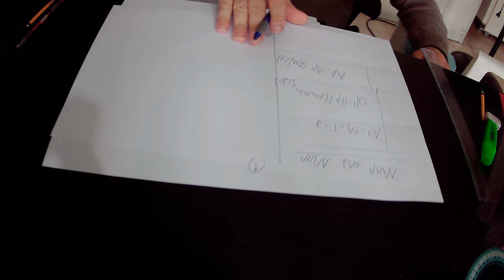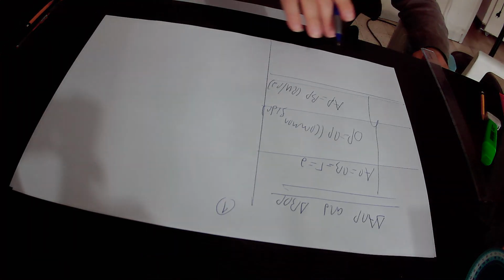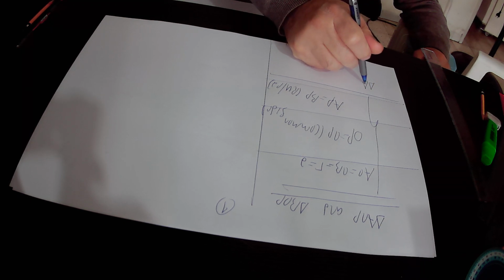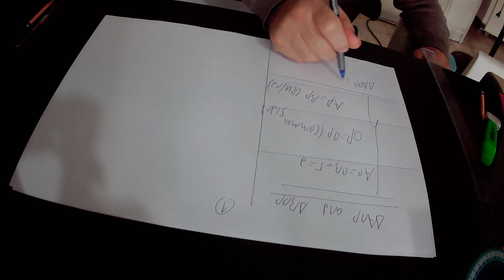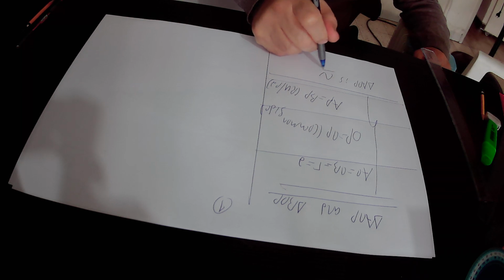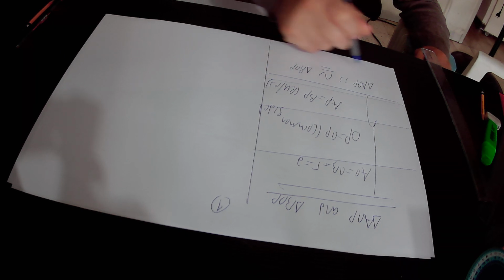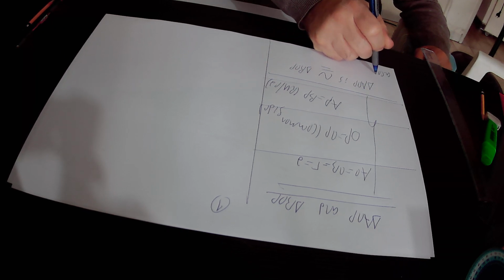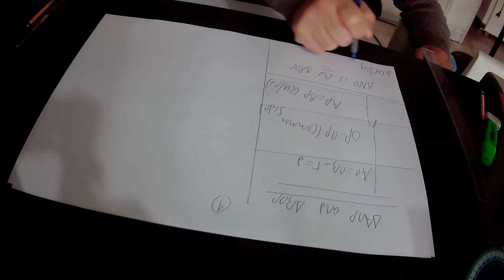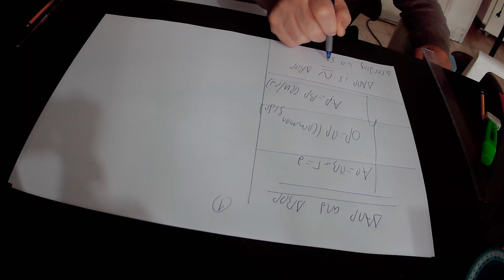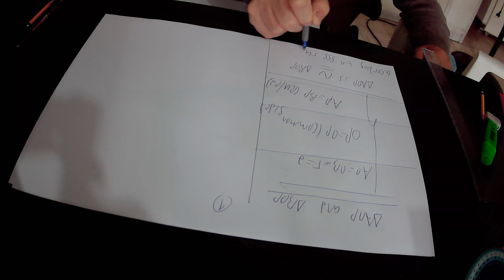The right upper triangle AOP is congruent to the right lower triangle BOP, according to side rule.